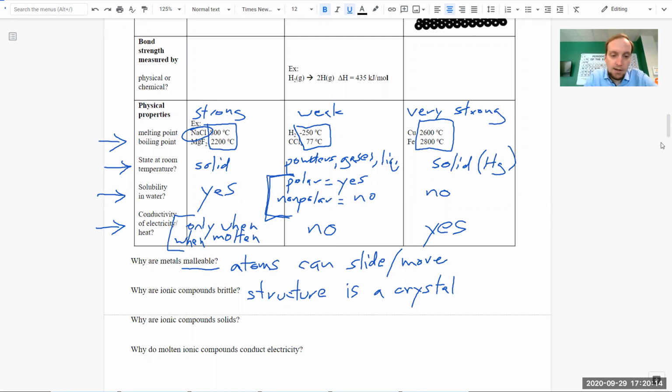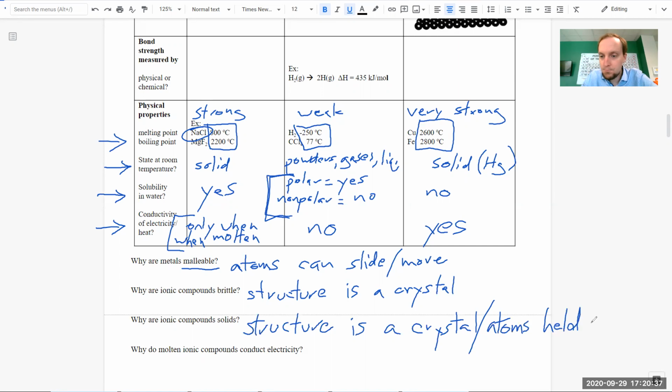All right, why are ionic compounds solid? Again, for this exact same reason, the structure is a crystalline structure. Okay, this is not true of covalent. Atoms are held in place. Okay, that's a little different than the metallics, right?